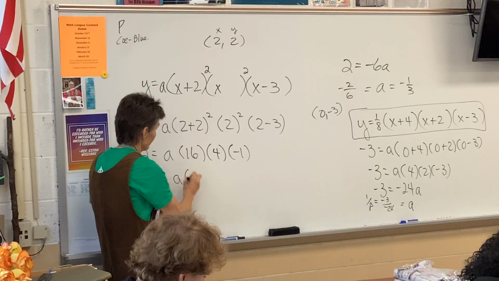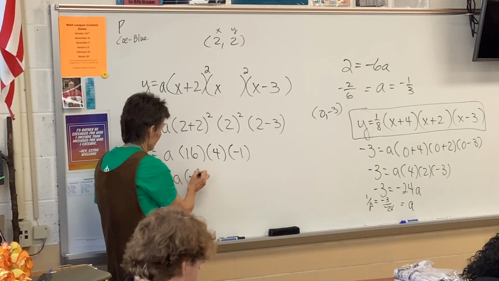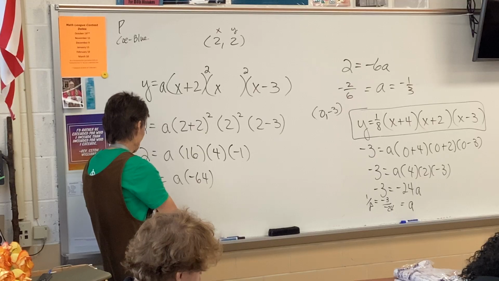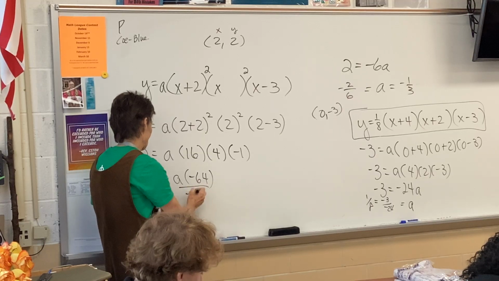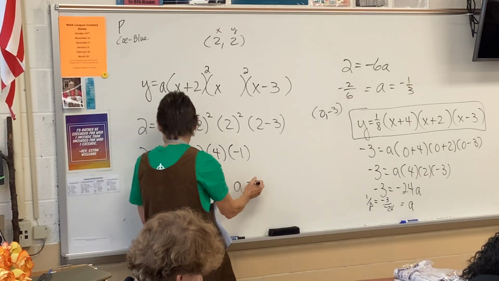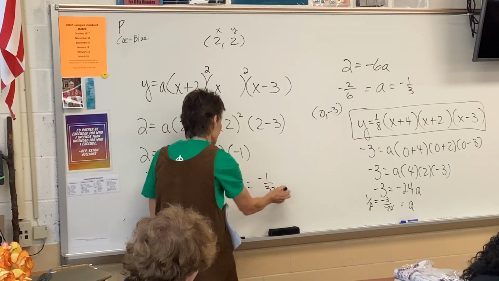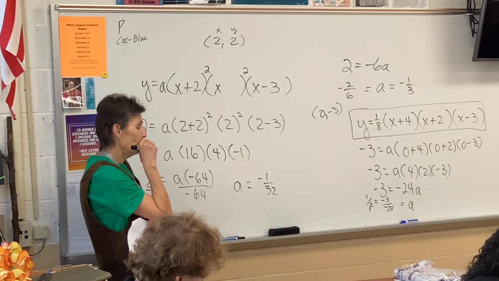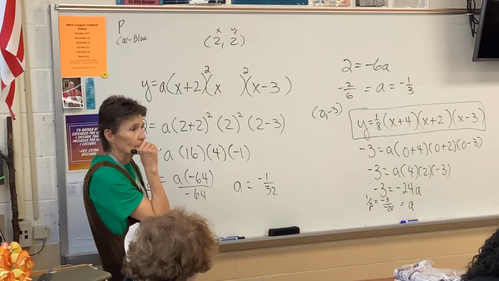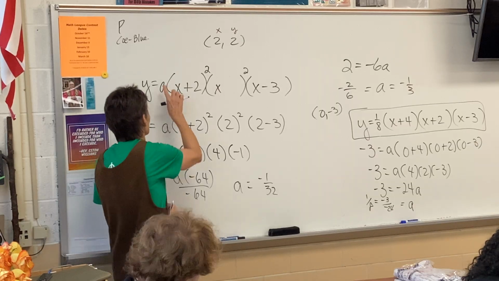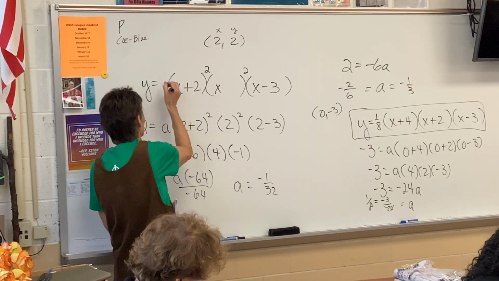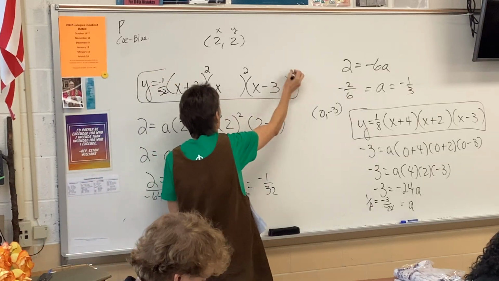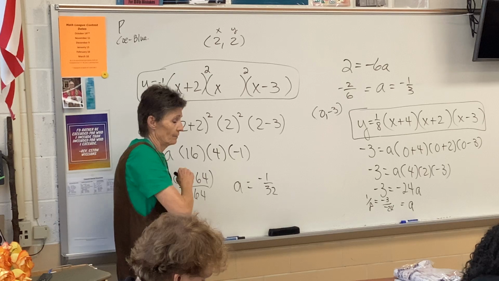So, -64. If I reduce that, I get -1 over 32. There's your answer.